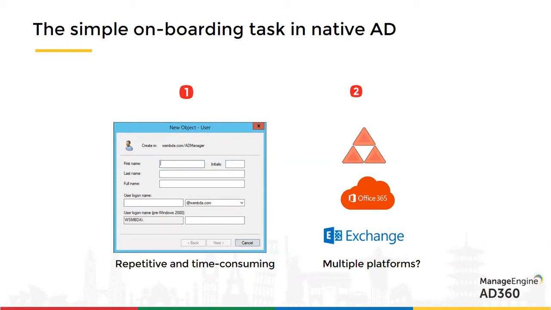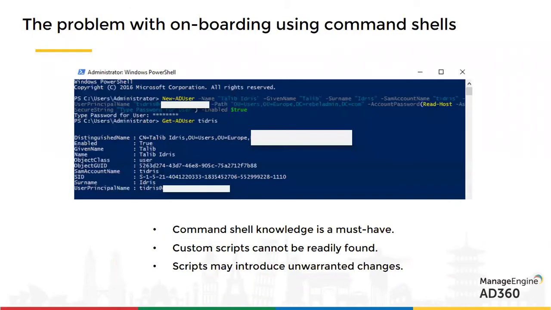So this is when we use our command line tools like PowerShell or command prompt. This is when these tools come in. But the problem with this is you'll have to manually specify every attribute that you wish to create for your users. For example, this is a simple onboarding process in Active Directory, and a similar process ensues for Azure Active Directory as well. And when we do that, we'll have to specify each attribute for every user account.